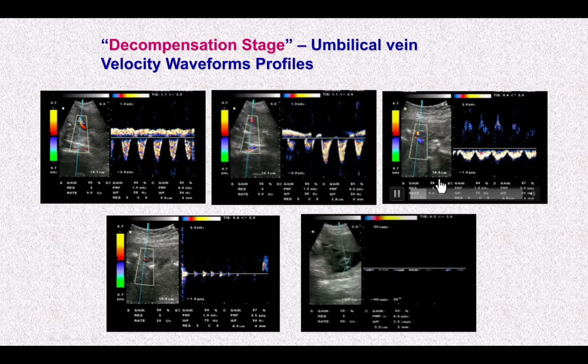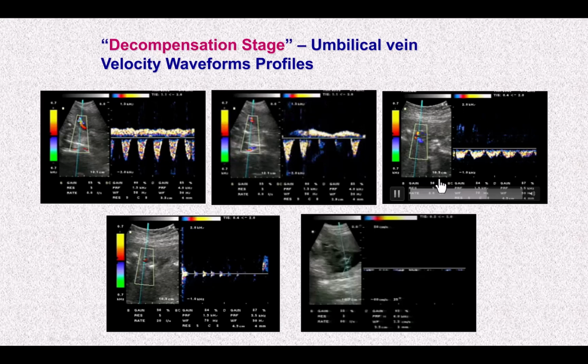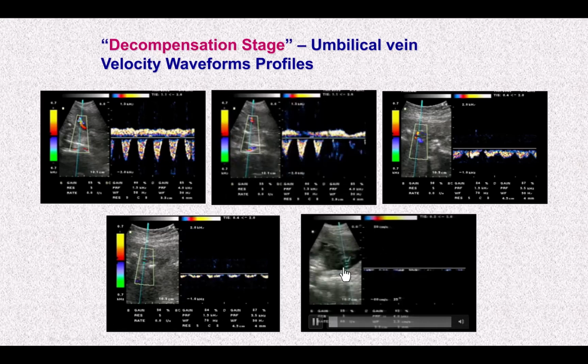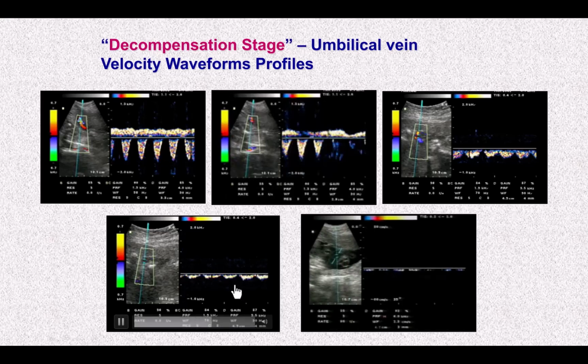But if we have a progression to an incipient heart failure, you can see here we have a higher pulsation in the umbilical vein, and very close to fetal death, we can see that there is not only pulsation but a reduction in the forward flow in the umbilical vein.